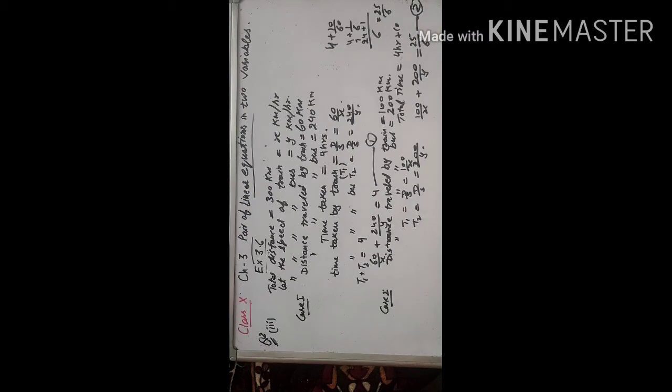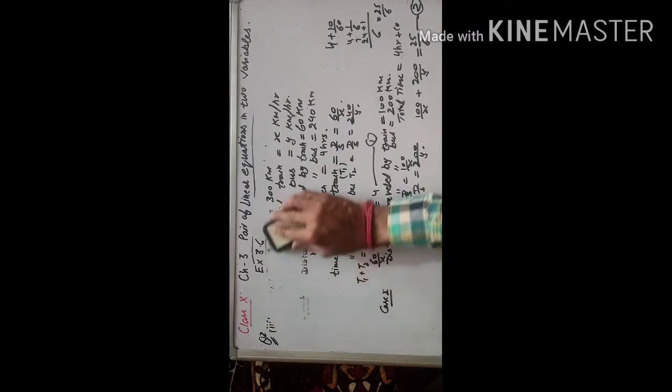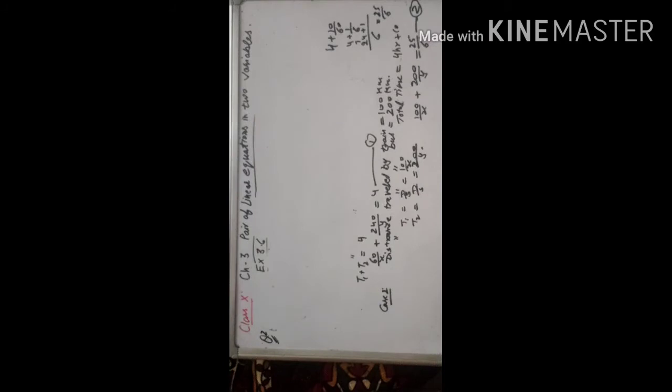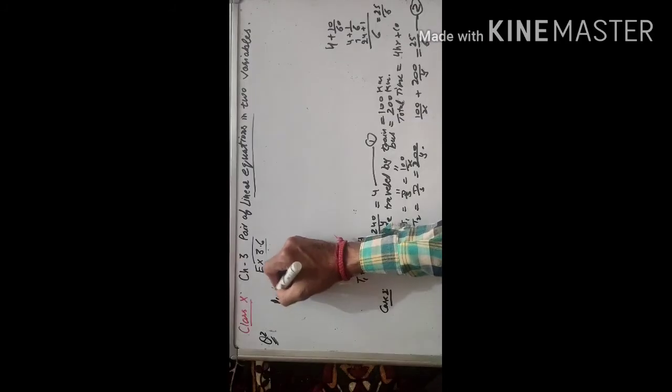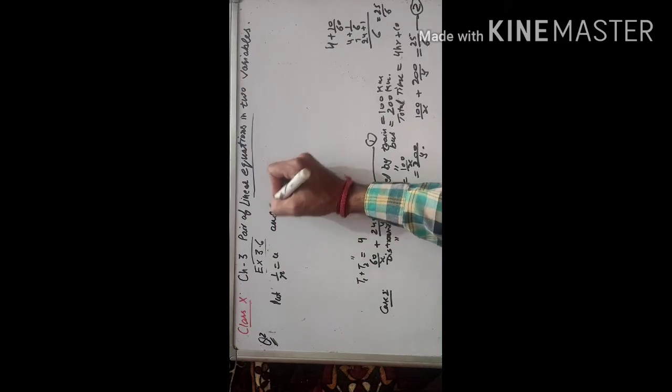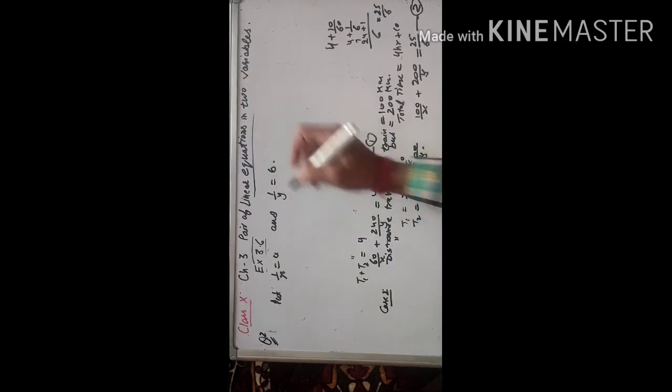Now we have to solve these two equations. Put 1 by x equal to a and 1 by y equal to b.